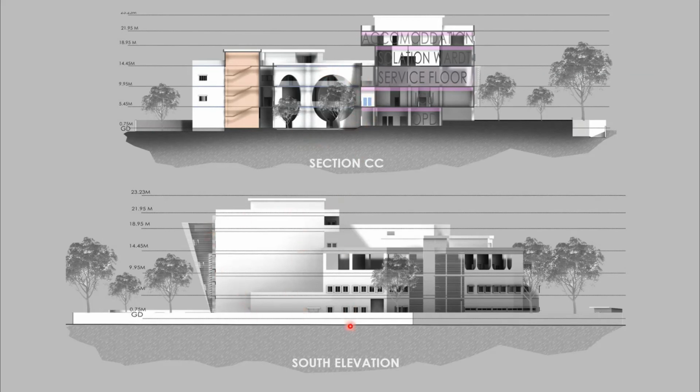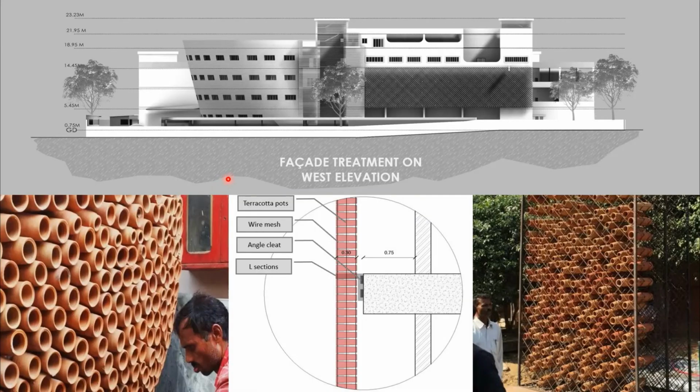Similarly, in the south elevation we have heavily built the southern facade in order to obstruct the harsh sunlight coming from the south. On the western facade, we have important spaces such as operation theaters, physiotherapy, and residential accommodation. So, in order to minimize the temperature, we have used two techniques.